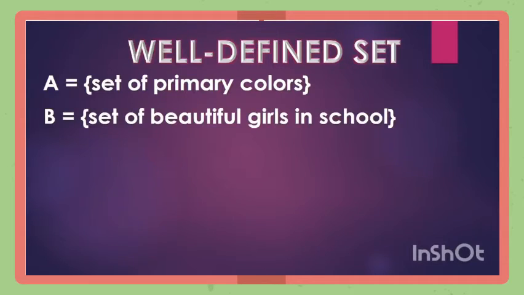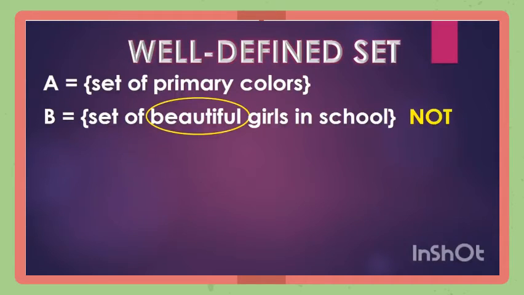Next, set B, set of beautiful girls in school. Okay, this example or this set is not considered well-defined. Why? Because of the word beautiful. Okay, so kapag halimbawa, para sa akin, maganda siya.